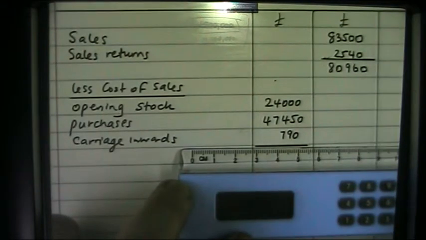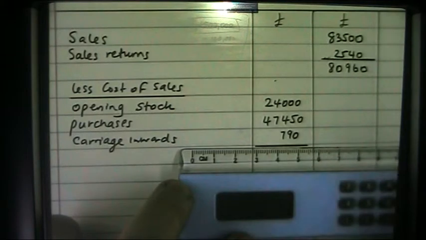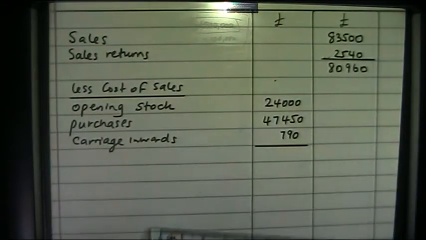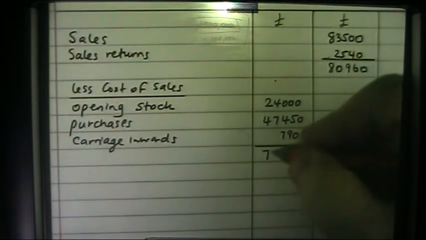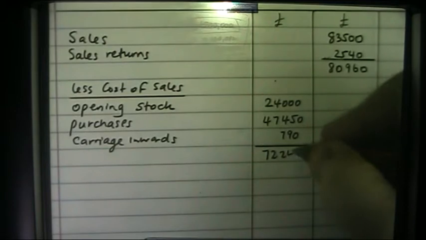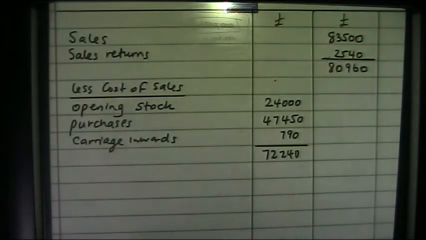So 47,450 plus 790 plus 24,000 equals 72,240. It's just a subtotal, because now I'm going to take away any purchase returns and any closing stock. In the question, have I got any purchase returns?